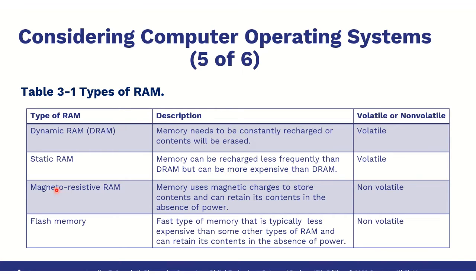Magnetoresistive RAM is non-volatile. The flash memory is typically less expensive than some other types of RAM and can retain its content in the absence of power. So with flash memory, you can have a flash drive or USB drive to aid your computing needs, and that is permanent storage.